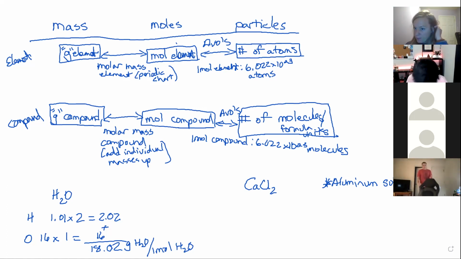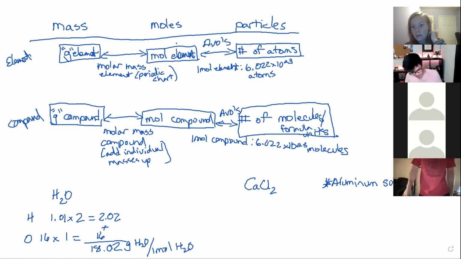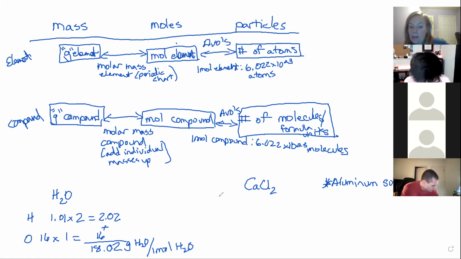All right. So this is calcium chloride. We have calcium, which has a molar mass of 40.00. So it's close to 40. Like we'll call it 40.01. And there's only one of them. So I'm going to multiply that by 1.